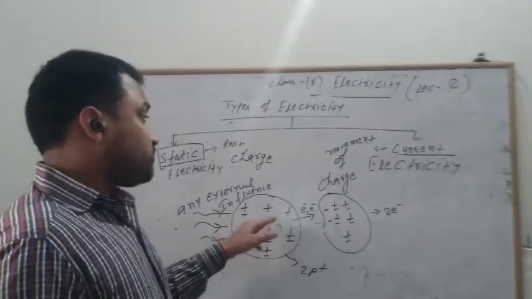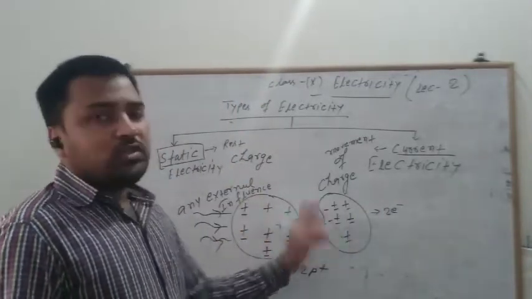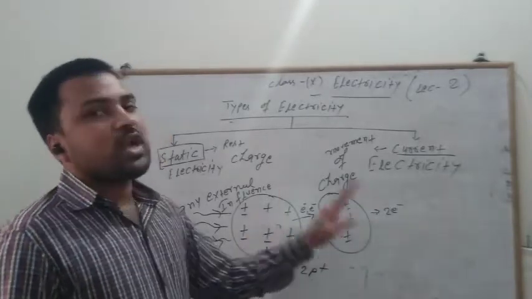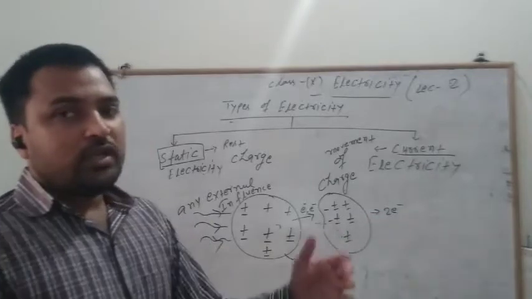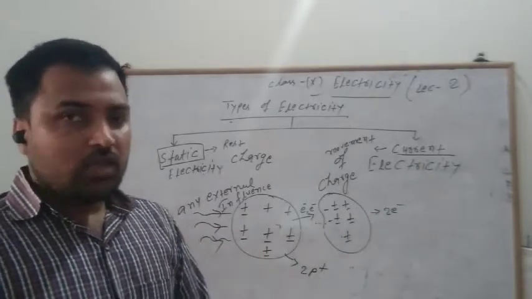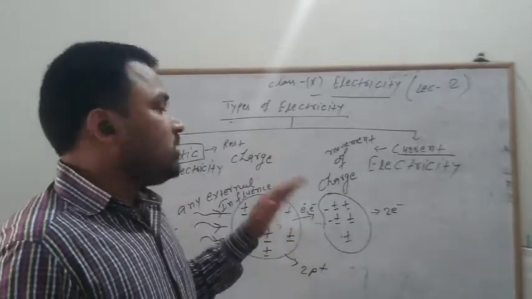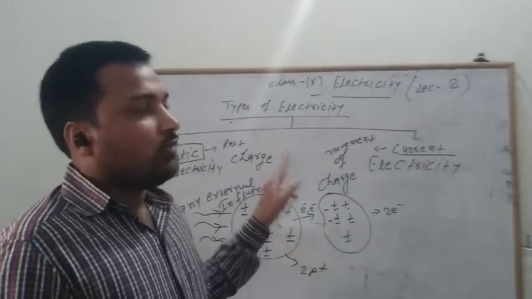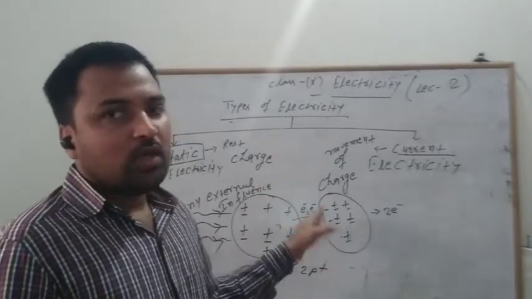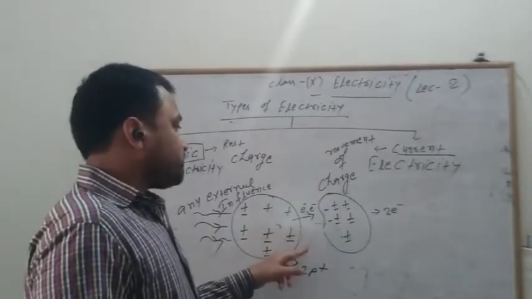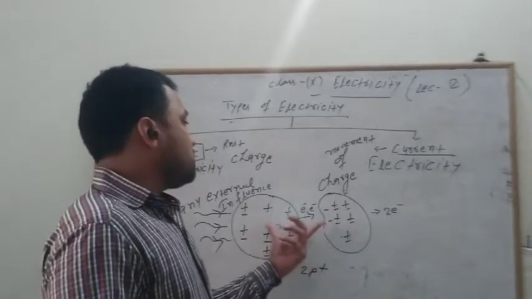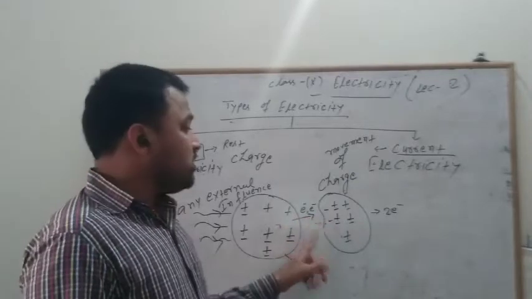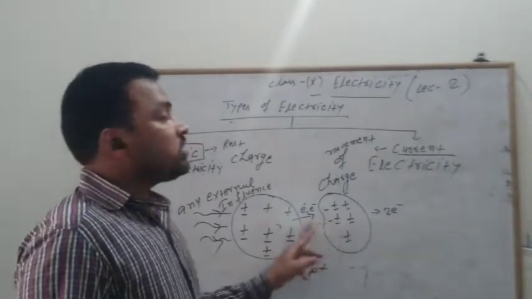So what occurs in these two bodies? The charge is transferred, due to which there is an imbalance of charge, within the body or maybe on the surface of the body. In that imbalance, the charged body appears, due to transfer of charge.